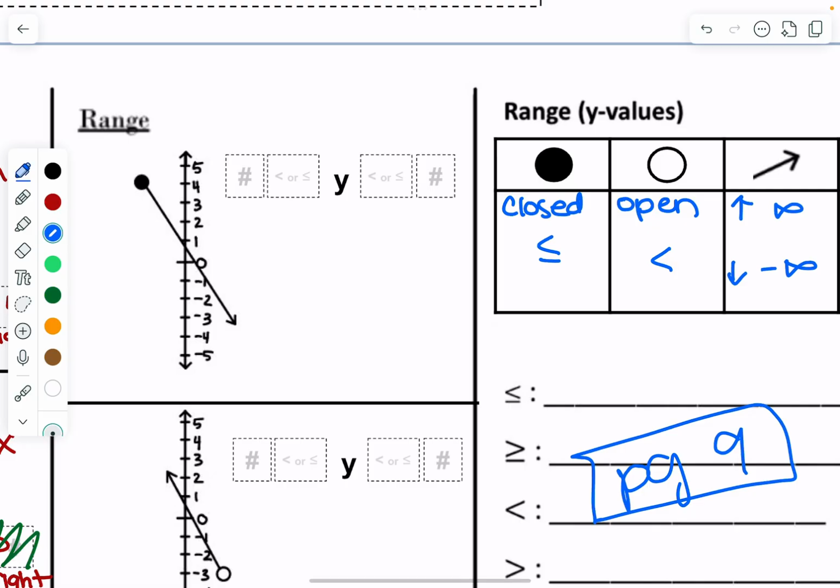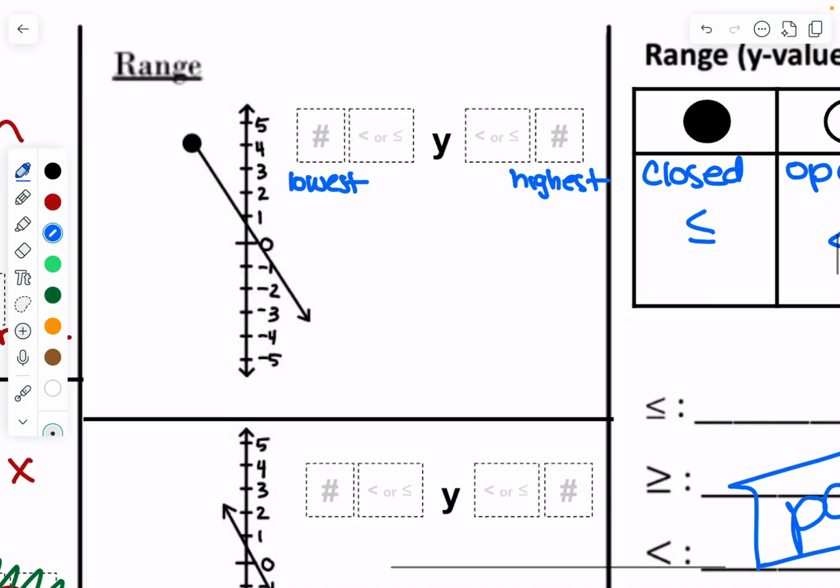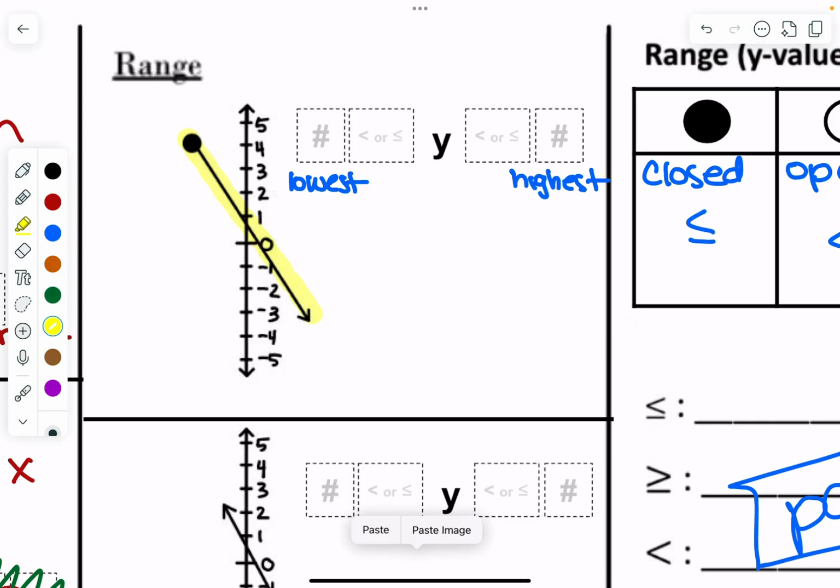So here we have our line. I know that range is lowest to highest. And I'm going to highlight this. My lowest value of my line is actually an arrow. So I know it keeps on going forever and ever and ever.